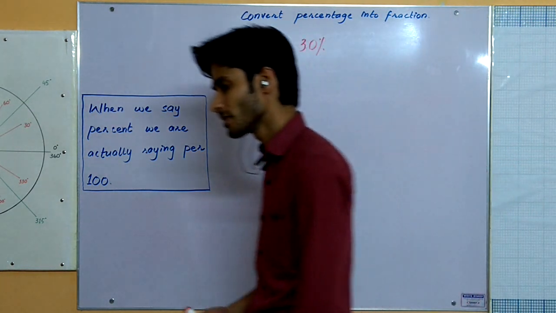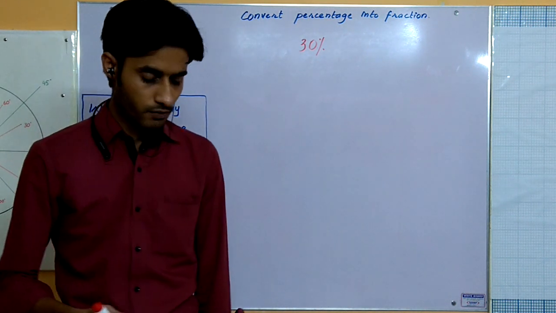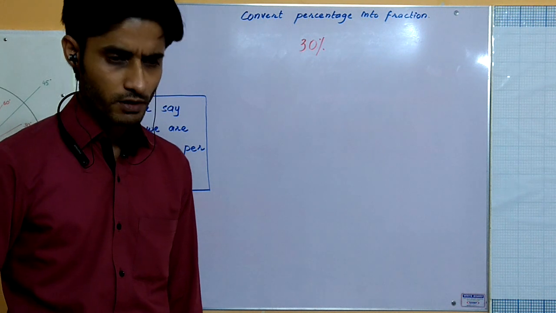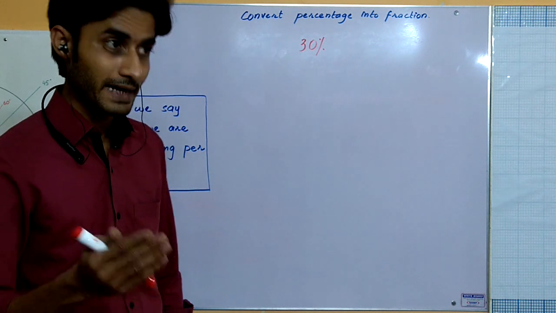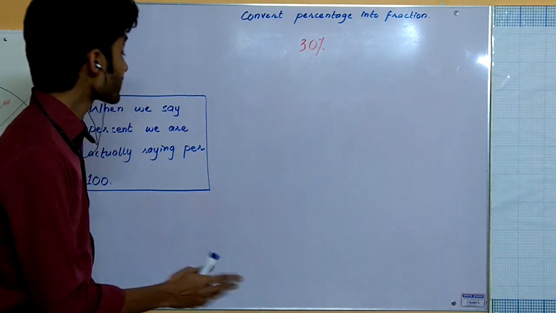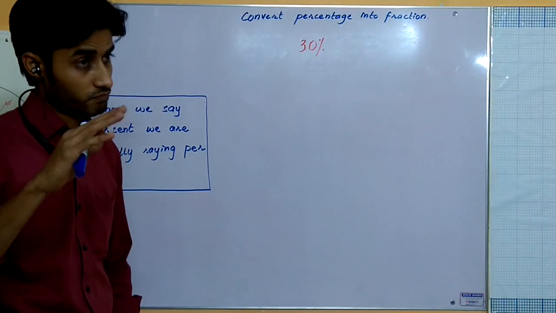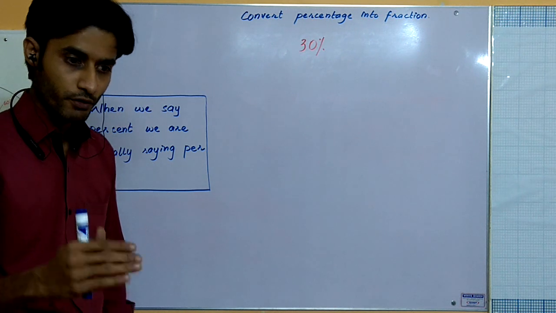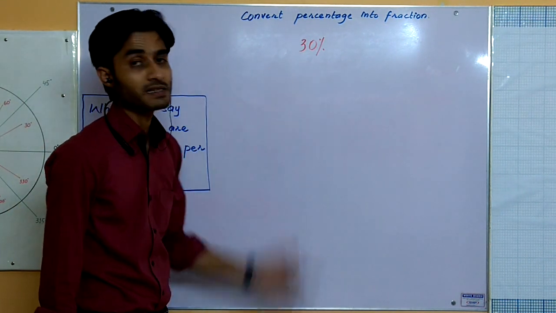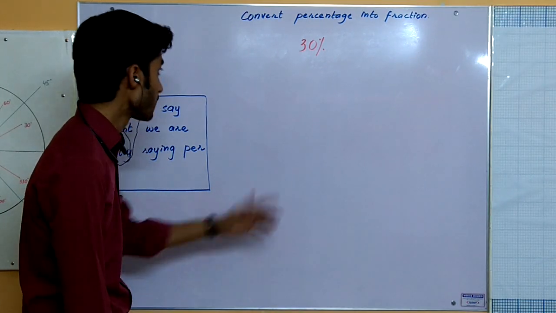Students keep asking me this question, that when we are converting percentage into a fraction, do we need to multiply with 100 or do we need to divide with 100? Thank God that they at least remember they have to do something with 100. Anyways, I am discussing this just to make sure that from now onward you are sure what to do. So I want you to convert 30% into a fraction.